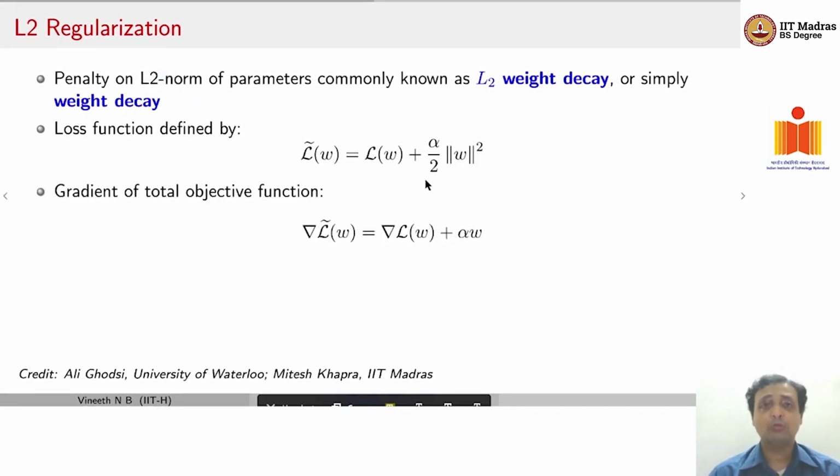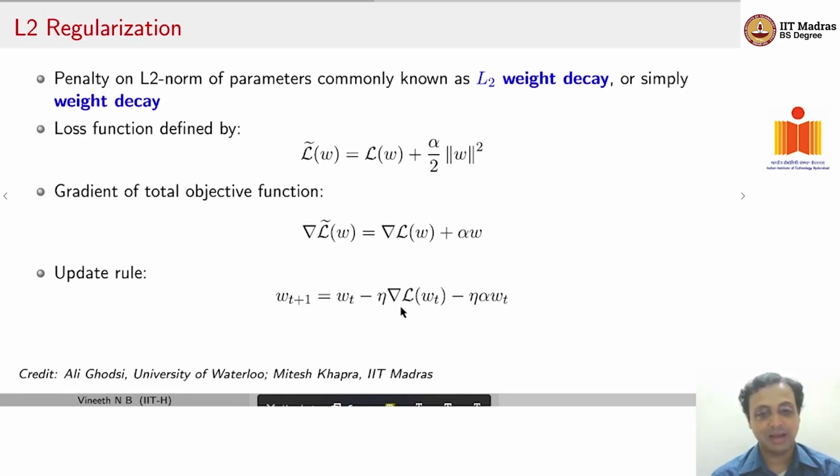So the gradient of the total objective function will look like grad of L tilde of W. L tilde is the new objective function with the L2 weight decay term, and it is equal to grad of L of W, which was your original loss function, plus alpha times W. When you differentiate this with respect to W, the 2 and 2 get cancelled and you're left with alpha W. So your gradient descent update rule is going to look like W_{t+1} = W_t - eta (the step length) times grad of L(W_t) - eta times alpha W_t.